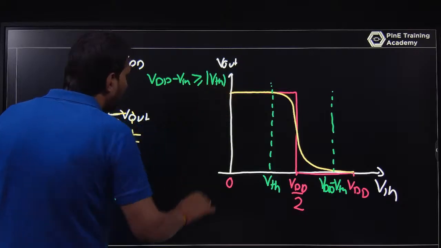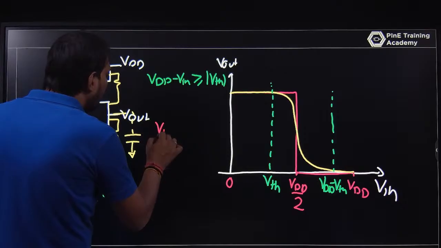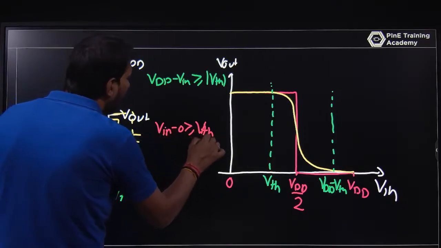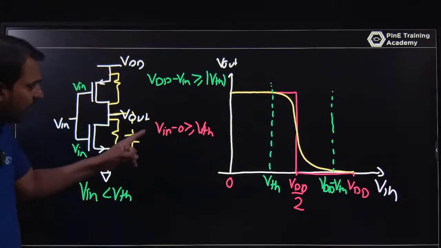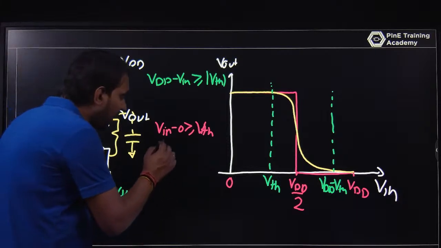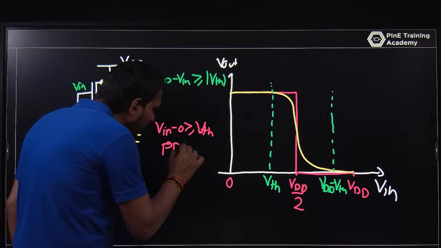That is the condition for PMOS. For NMOS, it is Vin minus 0 greater than or equal to VTN. That is the condition for NMOS. If Vin is not greater than or equal to VTN, then the pull down network is off. That NMOS is off.